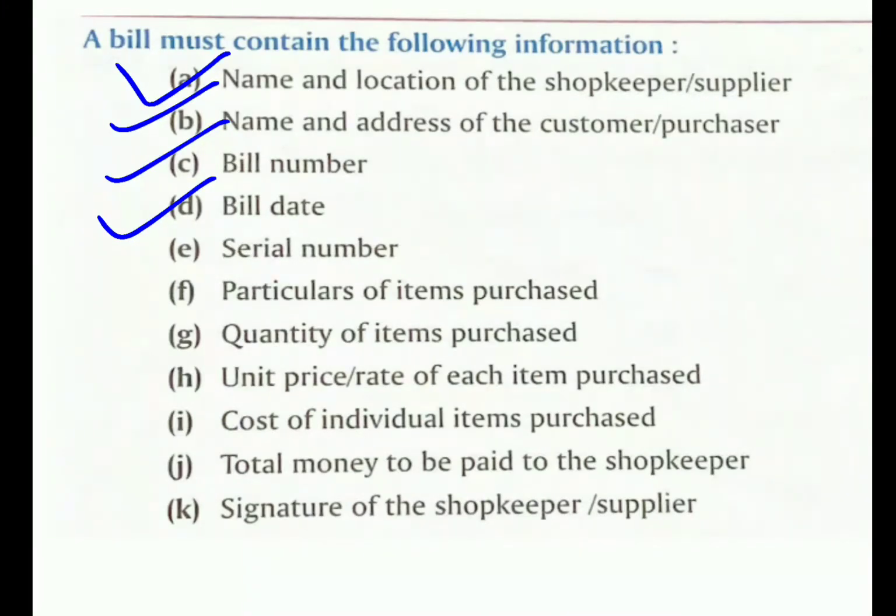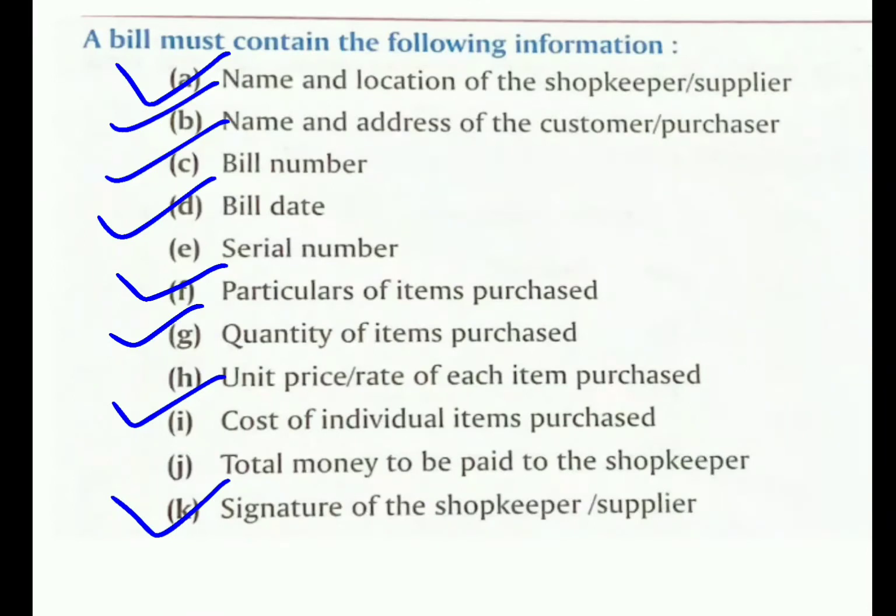After that, particulars of items purchased, meaning the name of the item should be written with the quantity, how much you have purchased of that item. Then units and rate of each item; you have to write down the rate of each item. After that, you have to find the cost of each individual item which you purchased. Then the total money, how much you have to pay to the shopkeeper, should be written there. And then the signature of the shopkeeper and the supplier.